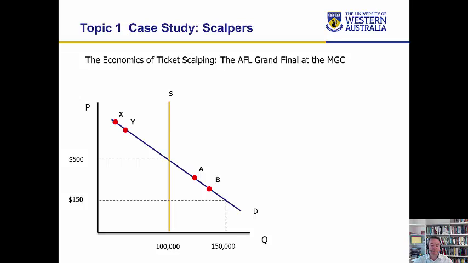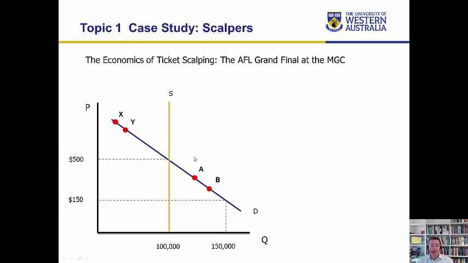So there's no point in ticket scalpers trying to scalp at events where the supply can easily be increased, because that could quite easily put them out of business if event organisers unexpectedly increase the actual supply. So they really need a fixed supply to be able to operate. So the supply curve is vertical for that reason.